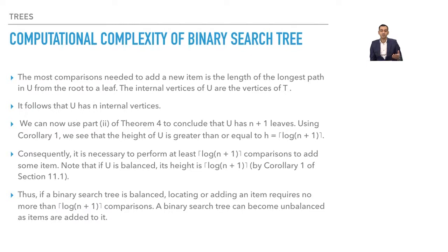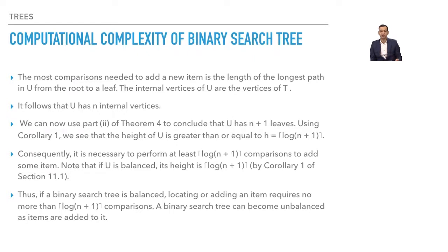It is necessary to perform at least log(n+1) comparisons to add some item. Note that if U is balanced, its height is ceiling of log(n+1) by corollary 1 of the previous section. Thus, if a binary search tree is balanced, locating or adding an item requires no more than log(n+1) comparisons.